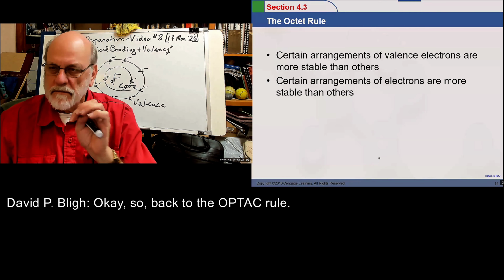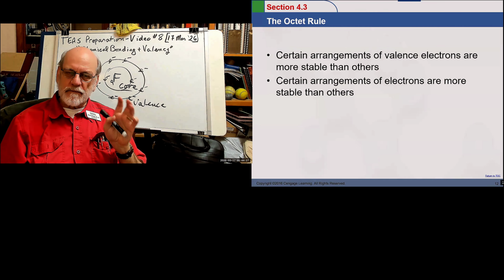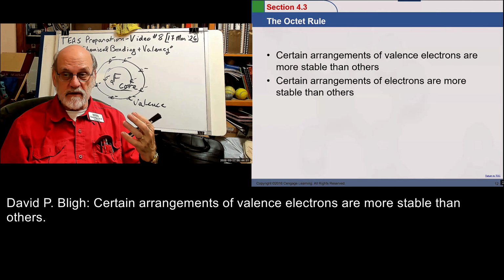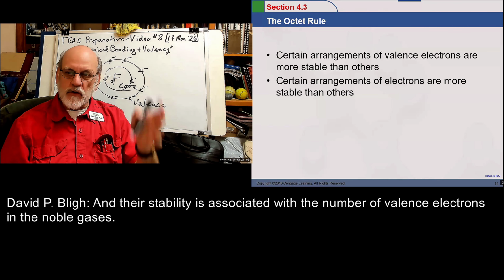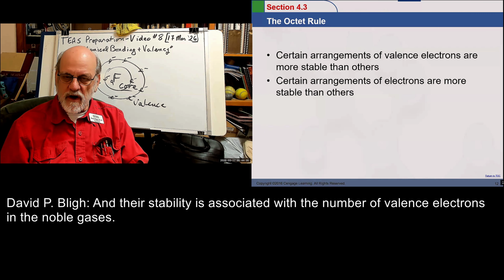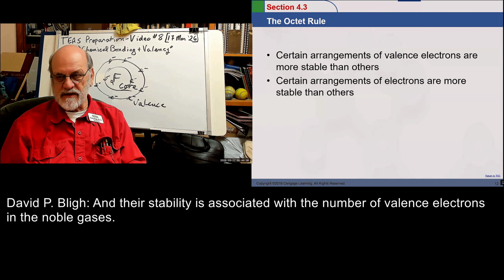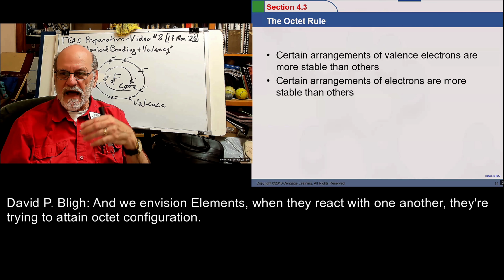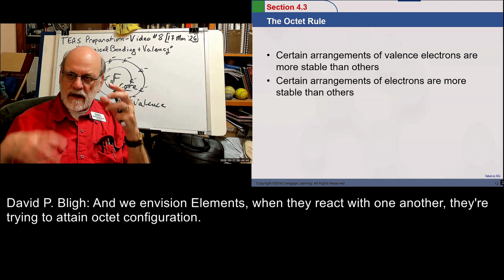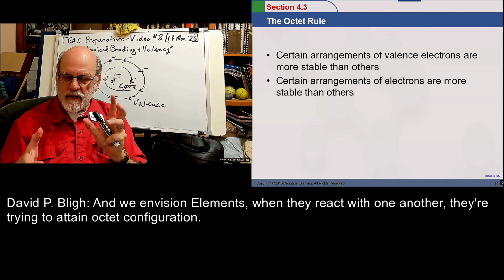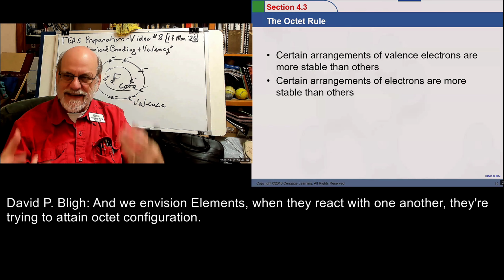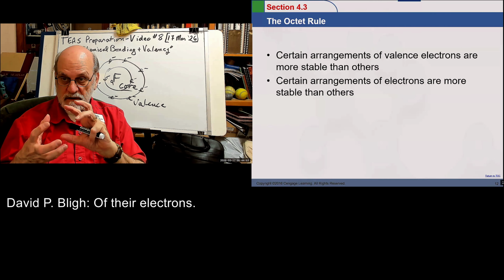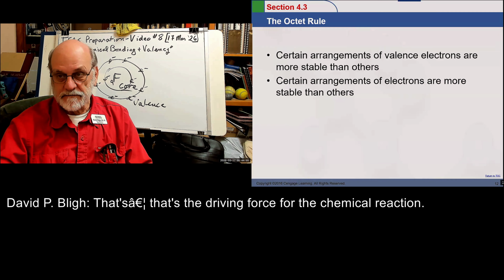Okay, so back to the octet rule. Certain arrangements of valence electrons are more stable than others, and their stability is associated with the number of valence electrons in the noble gases. The noble gases are very stable, and we envision elements, when they react with one another, they're trying to attain octet configuration of their electrons.